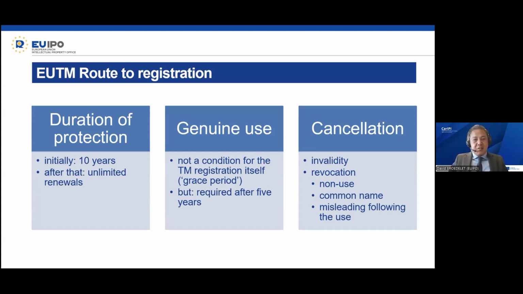If a right holder does not put the trademark to use, they run the risk that it is cancelled, and they cannot defend their trademarks well. Another party can request cancellation of the trademark for non-use. It's called cancellation, you see there, or they can have a revocation. And these are the grounds for cancellation.